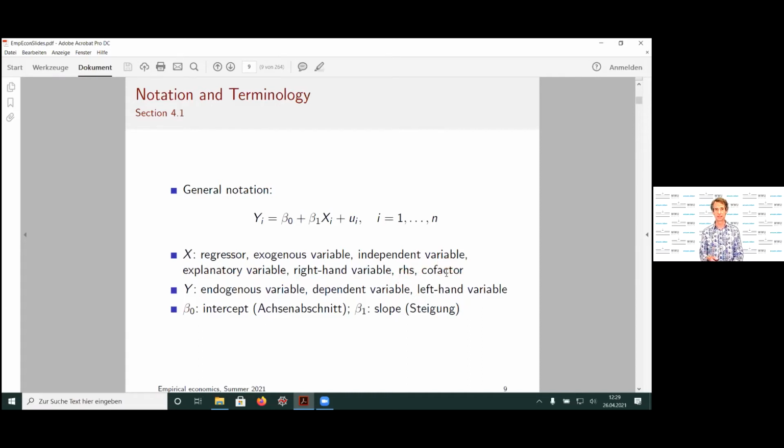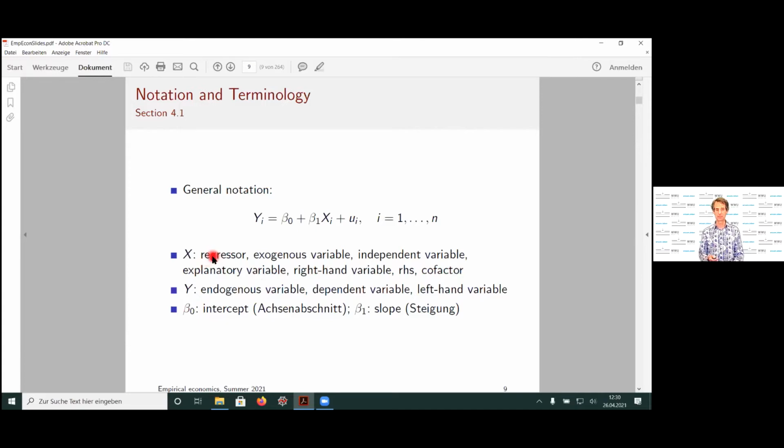In German, it's the same. So if you talk about the linear regression setting in German, dann würden Sie den Regressor X als Regressor bezeichnen, exogene Variable, unabhängige Variable, erklärende Variable, rechte Seite Variable sagt man nicht, oder Kofaktor. So all these terms are used interchangeably.